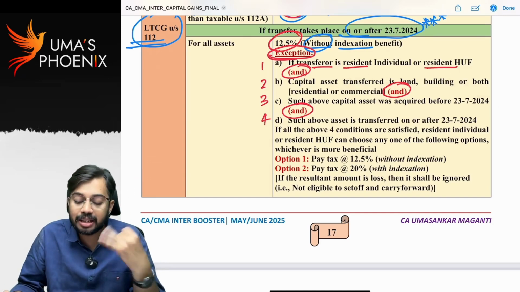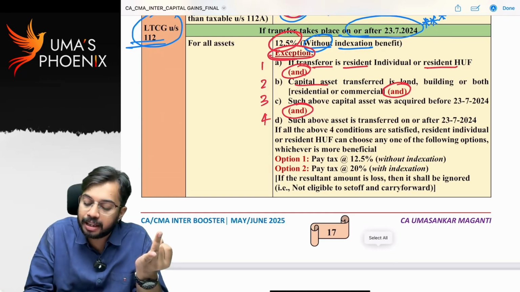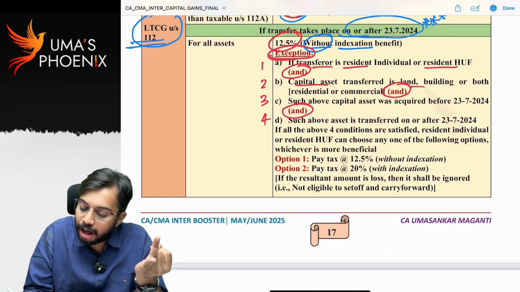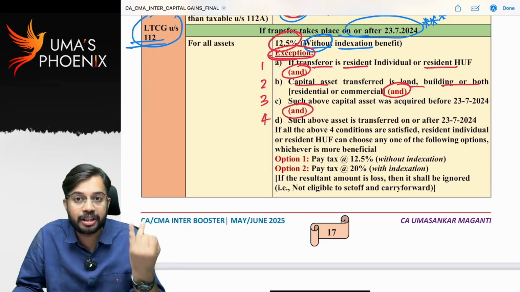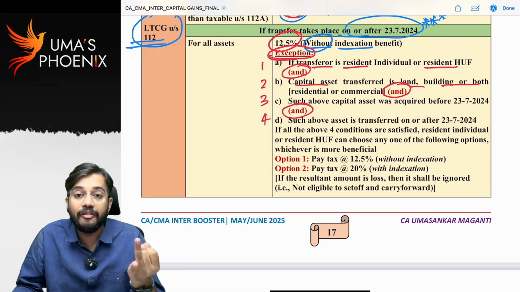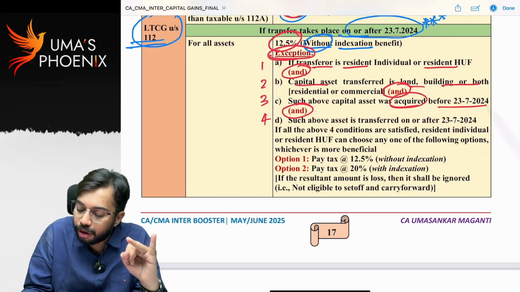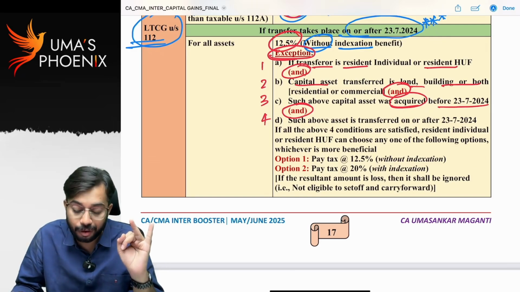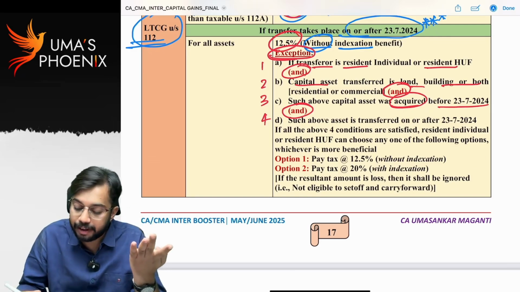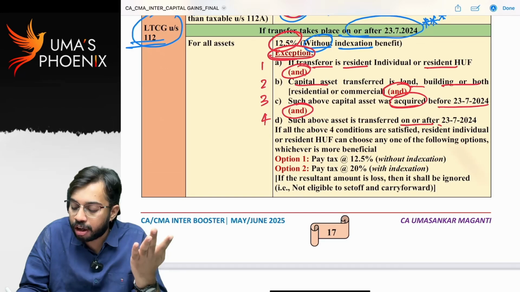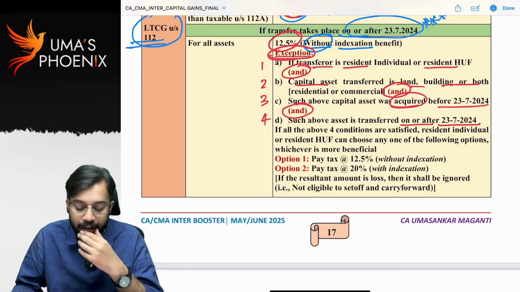And what is the capital asset transferred? Capital asset transferred is land or building or both, either residential land or residential building or commercial land or commercial building. When it should be purchased, it should be acquired before 23rd July 2024. And when it should be transferred, it should be transferred on or after 23rd July 2024.